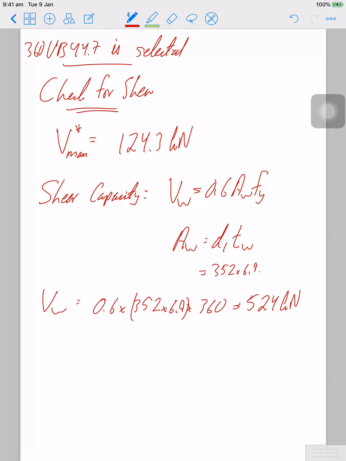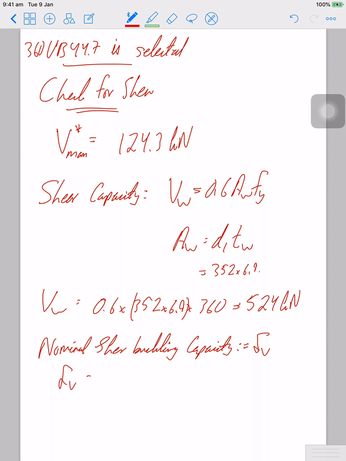524 kilonewtons. Now we need to find our nominal shear buckling capacity, denoted by alpha_v.